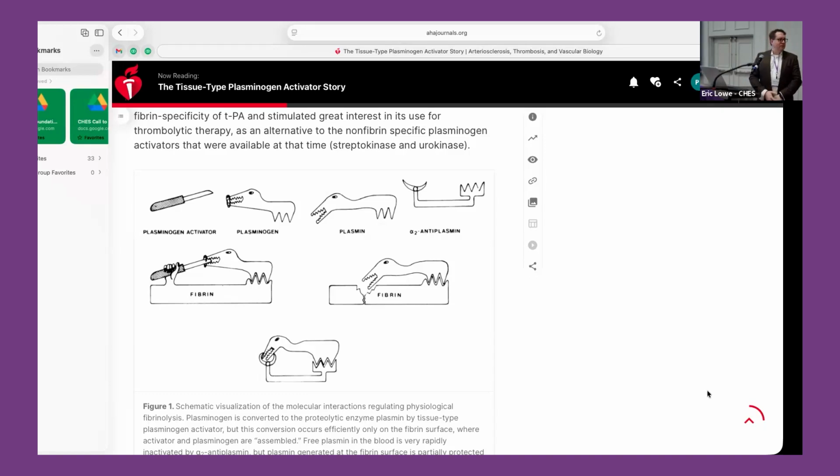You're welcome. Another question that came up: for a patient with multiple factor deficiencies, how would you go about measuring their peaks and troughs?